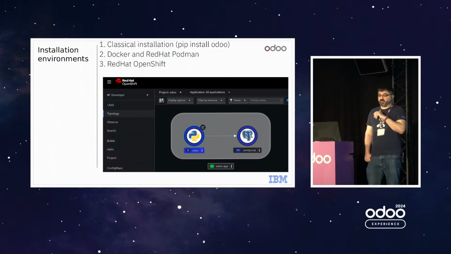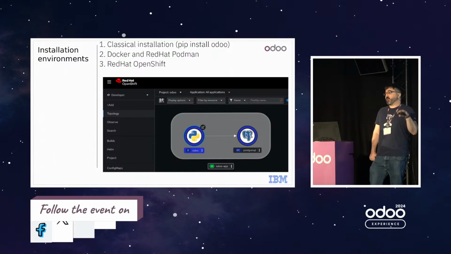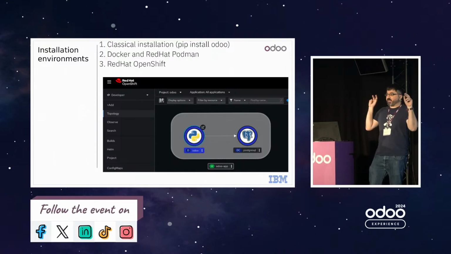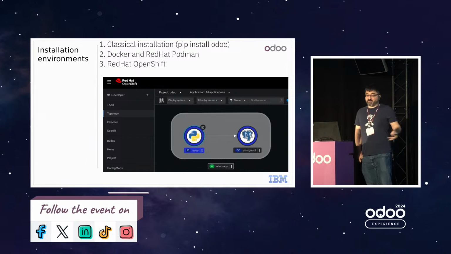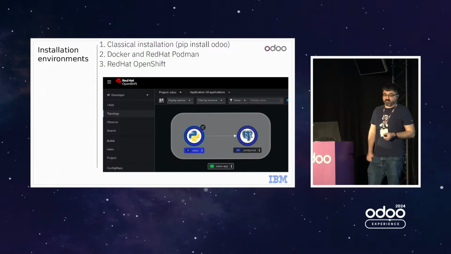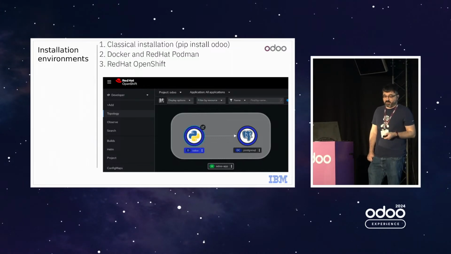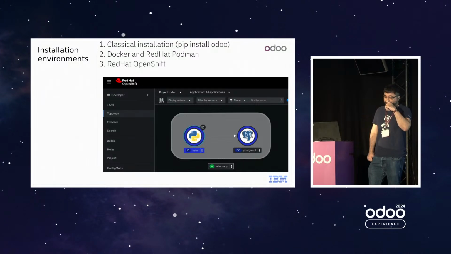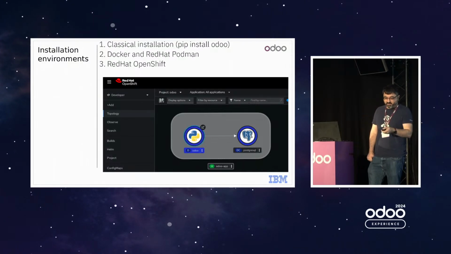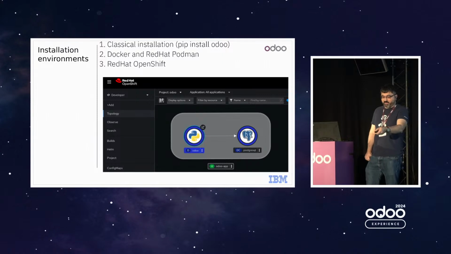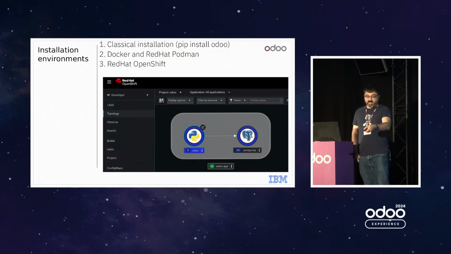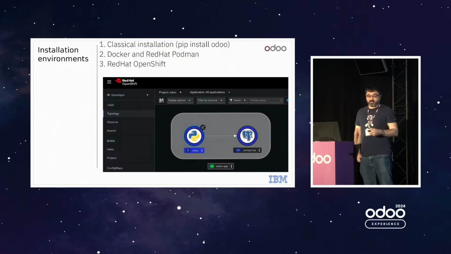Podman is the reimplementation of Docker in secure mode, in rootless mode. And last but not least, we have also tested on OpenShift. Here it's a screen capture of OpenShift with the Odoo container and the PostgreSQL behind Odoo.